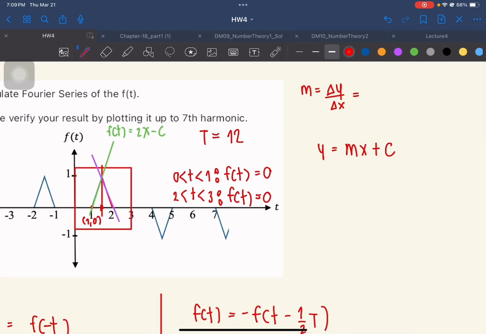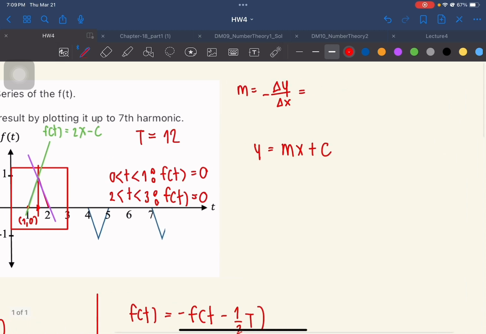Delta y is, oh sorry, it's -1 because its slope is going down. Delta y is 1 and delta x is 0.5, so it equals -2.